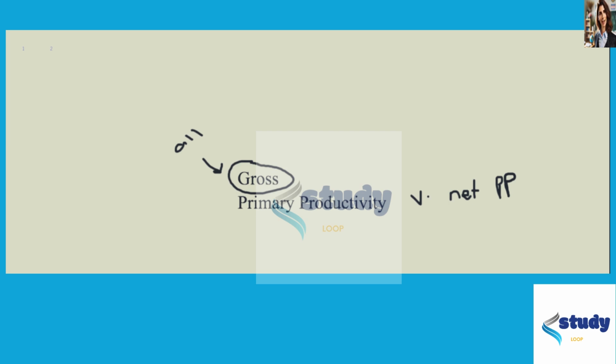So it's not the total energy that they started out with. So that's out. Same thing with C. That's energy entering the trophic level of deer, so some energy has already been lost in the plant itself and is not available to the deer. So that's another example of non-gross primary productivity.